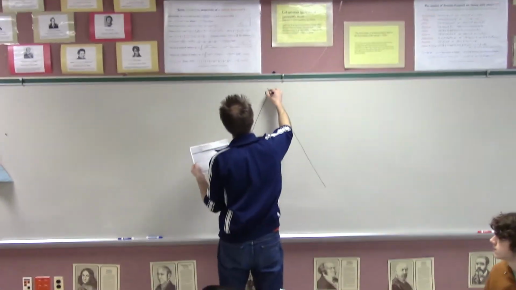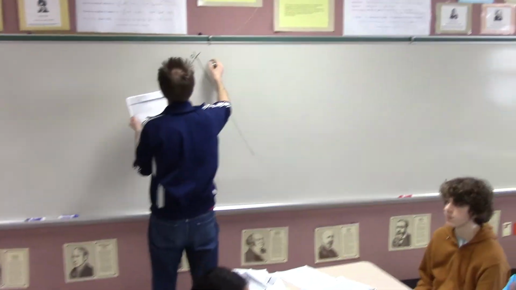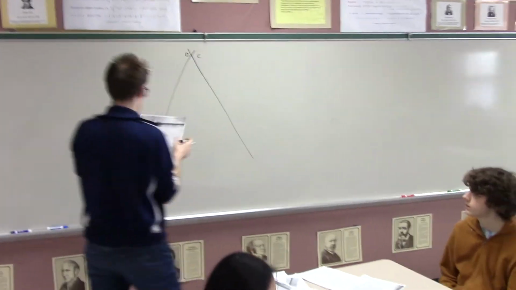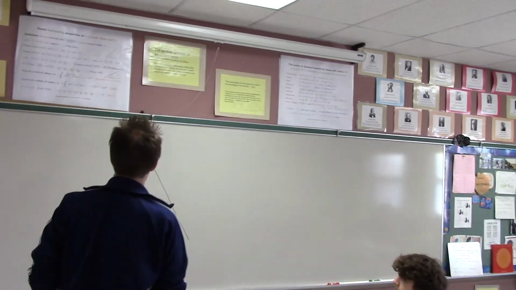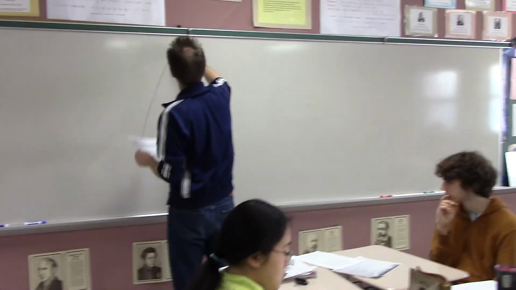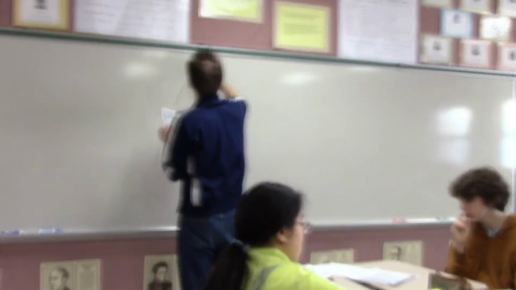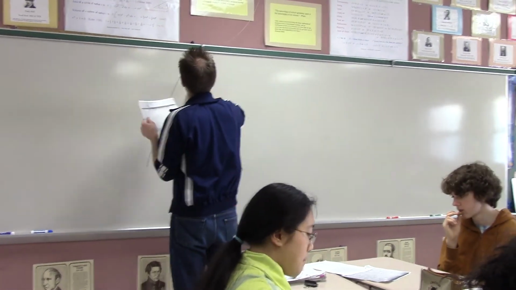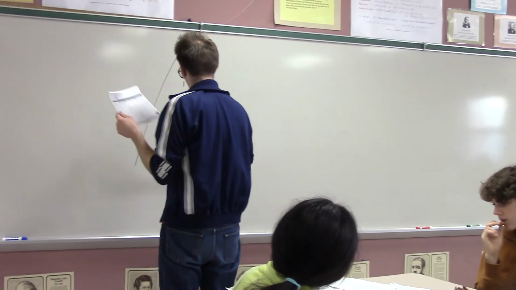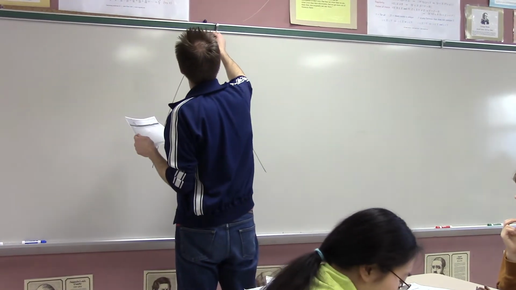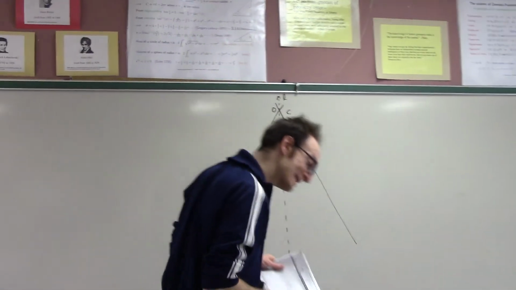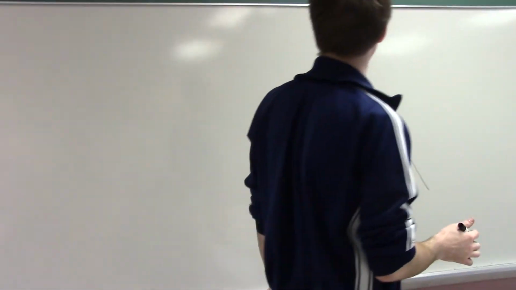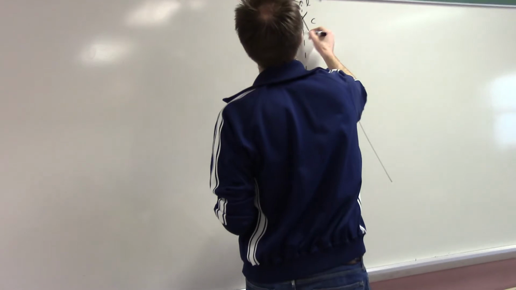It has vertex O, and call it cone C. Now, this cone, of course, has an axis, so let the axis of this cone be line L. Also this cone has a certain vertex angle. Let alpha be the vertex angle.